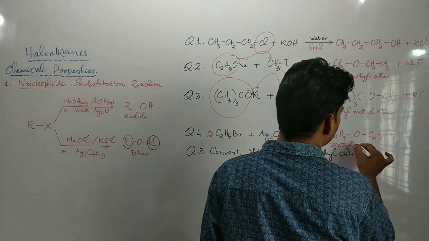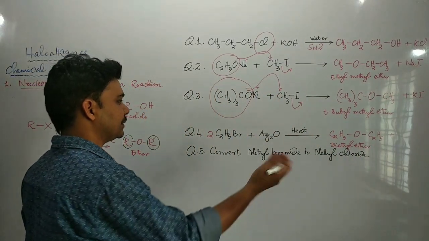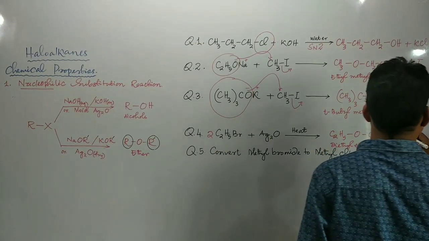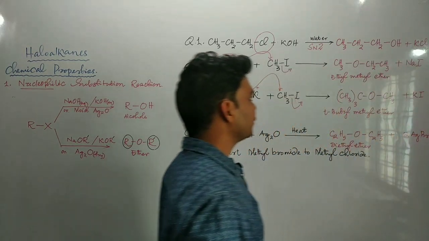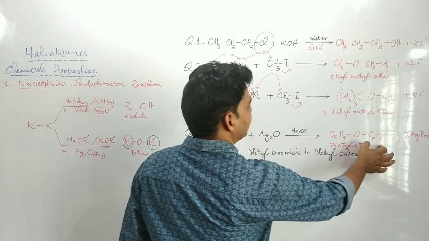Diethyl ether, this is your product, and the side product is 2Br. They will combine with Ag such that 2AgBr is formed. Okay, so this is your product, the diethyl ether.